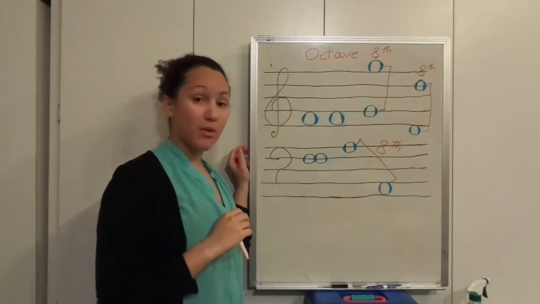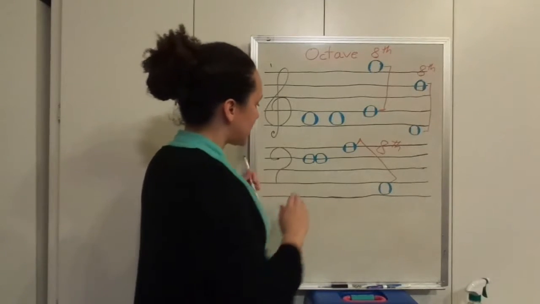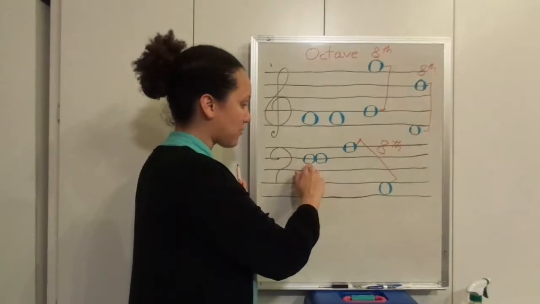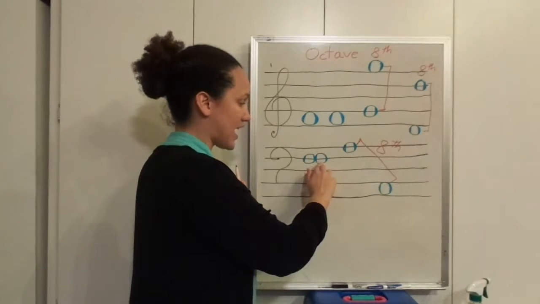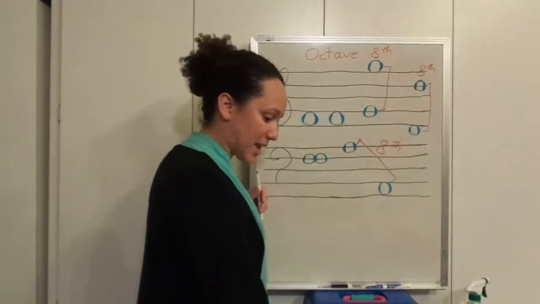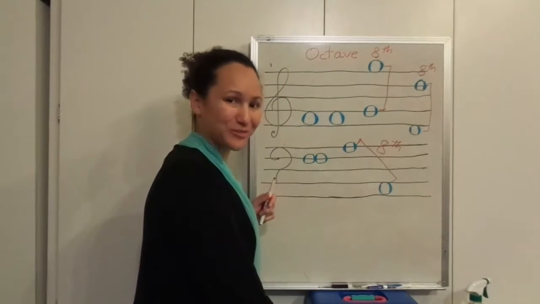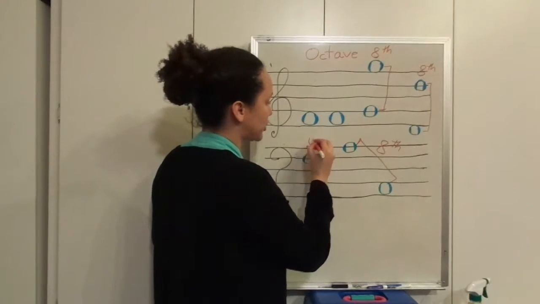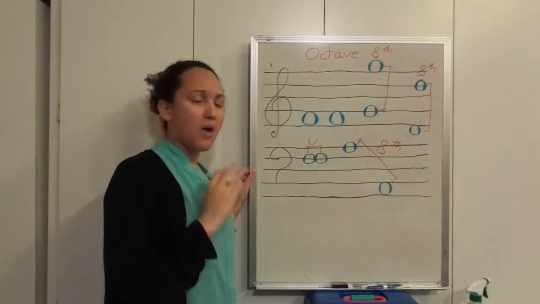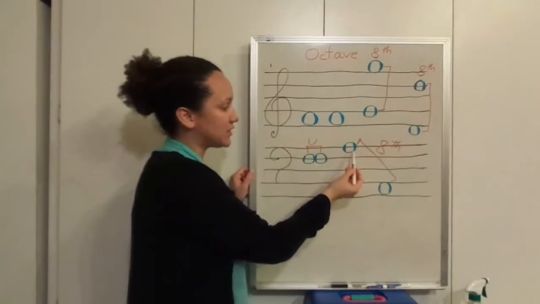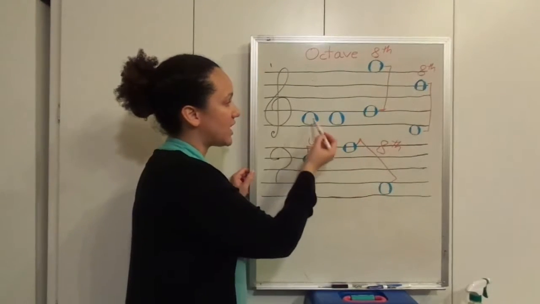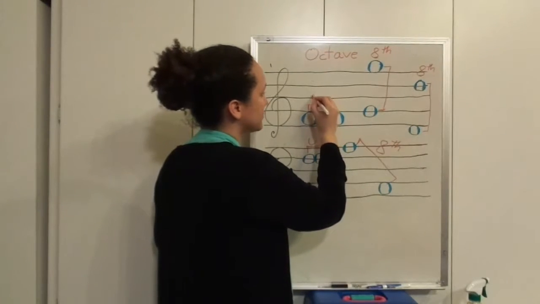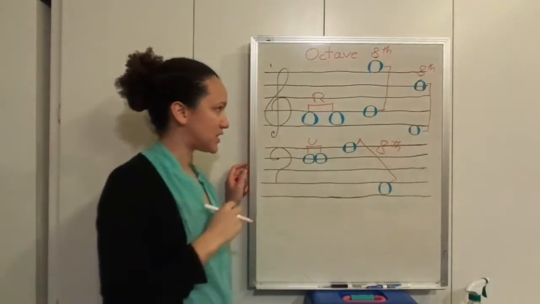We can't really do that on the piano, but you could have, say, one person sing this note, the F, and the other person sing that note, the F, so they would actually be singing the same note, F. So this is what we call the unison, and I'll just put a U for unison. However, if the notes were separate, like this octave is, then it would just be considered a repeated note. So I'll put an R for repetition.